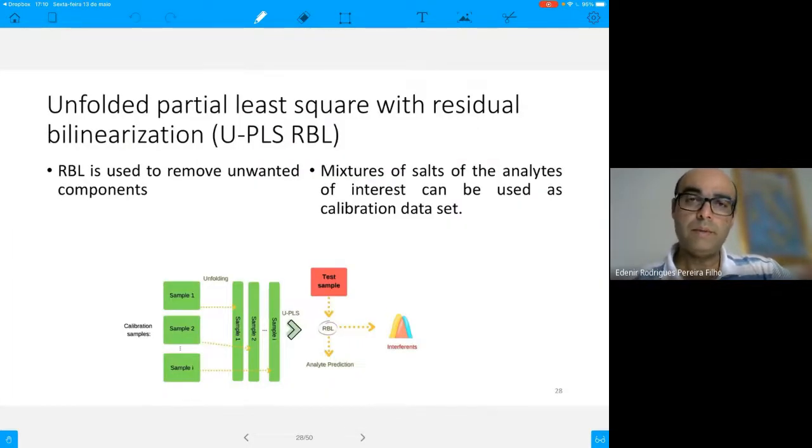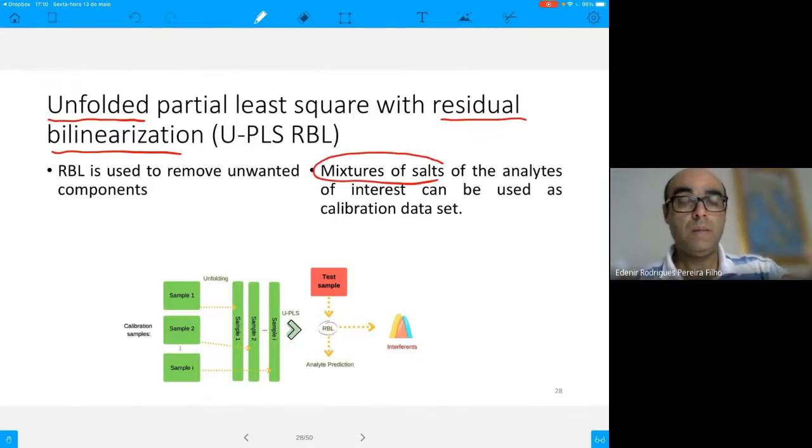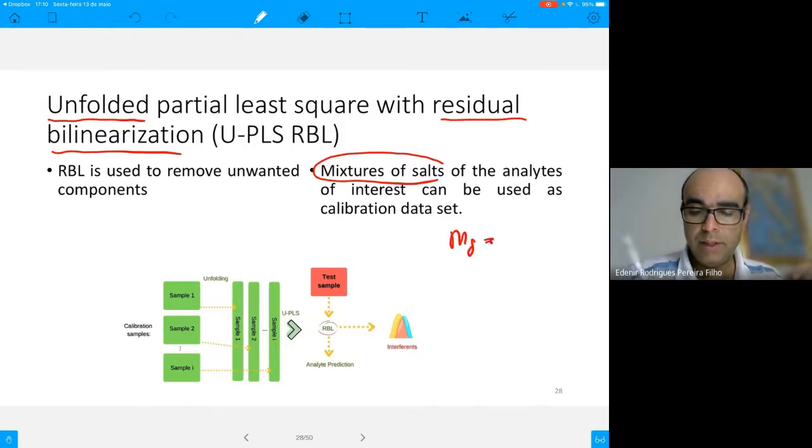A new strategy that we applied in LIBS was unfolded partial least squares with residual bilinearization. What's the main goal of this? We can use, for instance, mixtures of salts. We can prepare a calibration data set with salts. For example, we need to determine magnesium. We can mix magnesium chloride, for example.